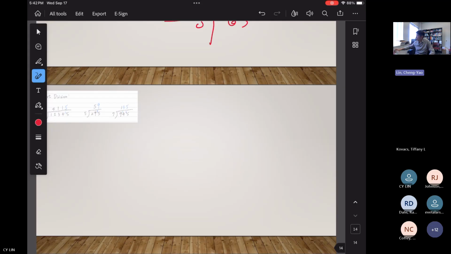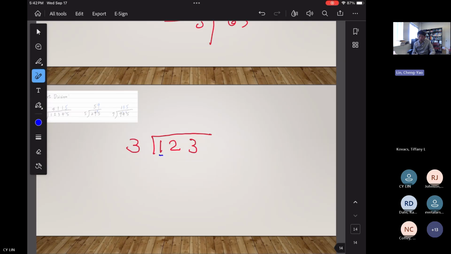Let's say we want to do 123 divided by 3, right? In long division, you have to write a long number, right? But short division, you don't need that.